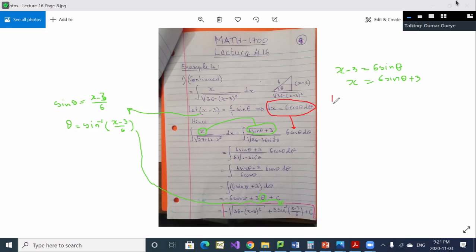Okay, so the integral is x over the square root of, after completing the square, I got this 36 minus x minus 3 squared, dx. And now this is equal to the integral. So you substitute x by its value in the numerator. So my numerator now becomes 6 sine of theta plus 3, right?